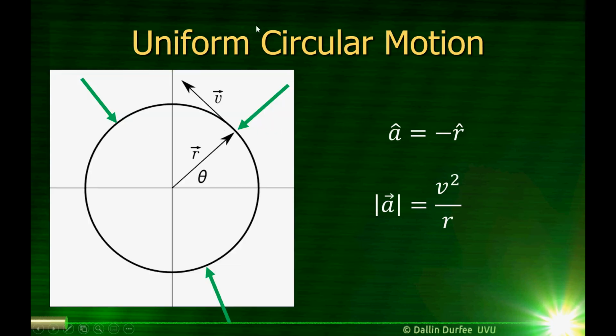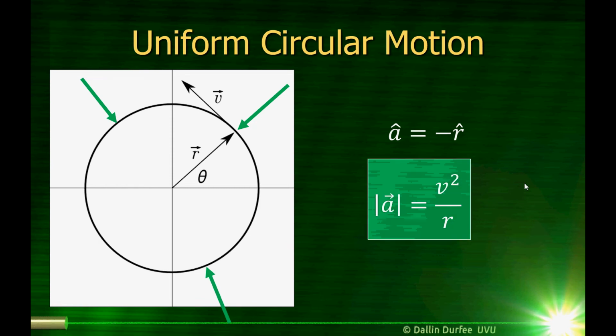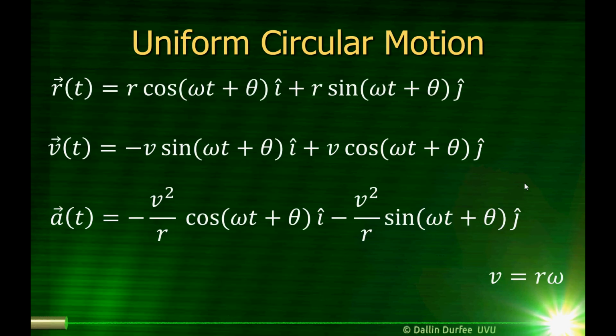So, important things to remember about uniform circular motion. The acceleration is inward towards the center of the circle, and the magnitude of the acceleration is just the velocity squared over r. Once again, we can write our equations this way. R is just r cosine in the x direction plus r sine in the y direction.